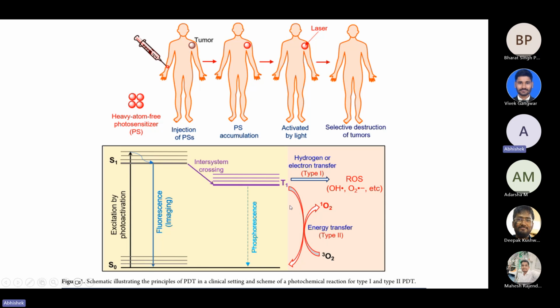The free radicals and reactive oxygen species are important when the oxygen levels are low, and this is in the electron transfer. However, in the energy transfer, the main source is singlet oxygen, the dominant cytotoxic species in PDT.